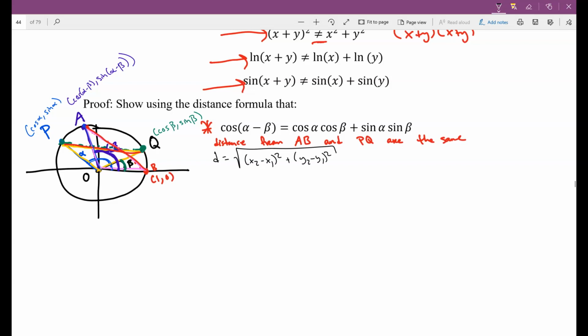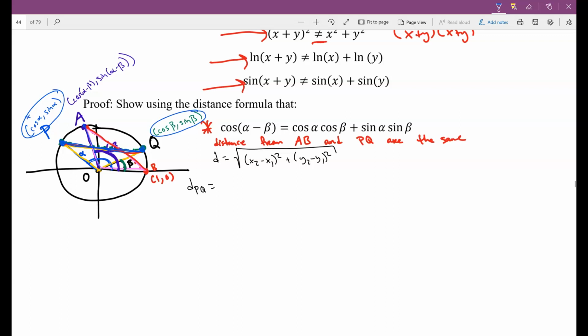So we're going to start off by looking at the distance from P to Q. That's this distance right here, from this guy all the way to this guy. What we're going to be using is these two different points: cosine alpha, sine alpha, and cosine beta, sine beta.